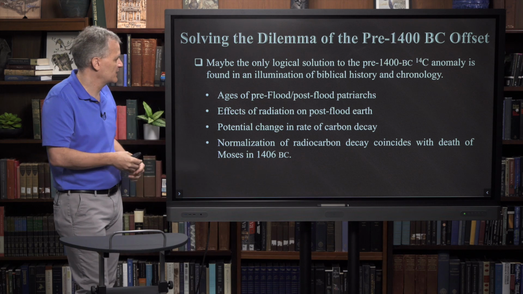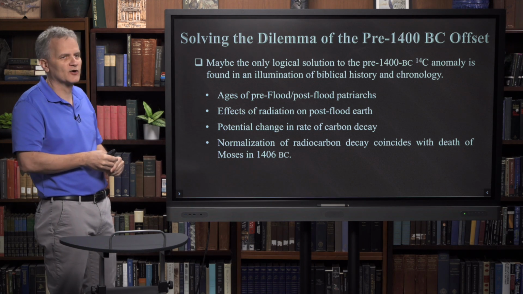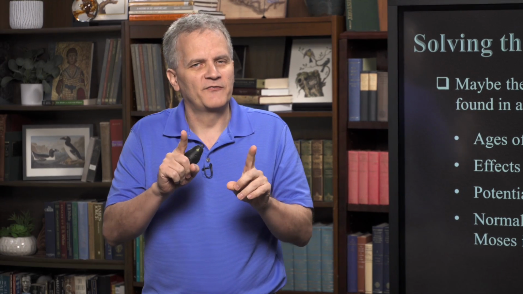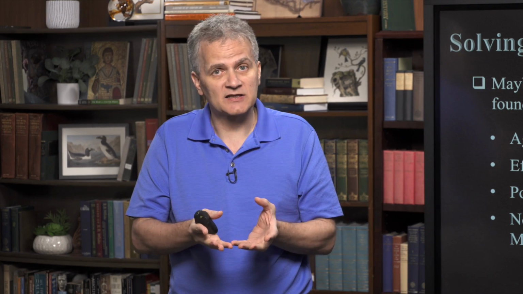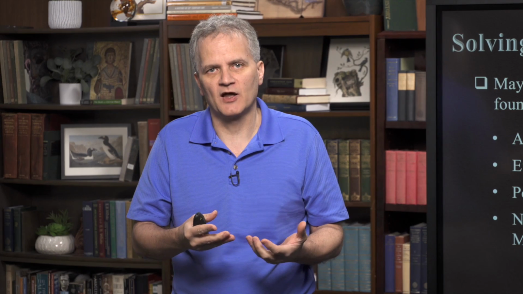Then there's the effects of radiation on a post-flood Earth. So the fact that the Earth has experienced this global flood, it shows signs in the text that things became different after the flood. For example, all of a sudden there is the institution of the concept of a system of seasons, where a year is divided now into 4 seasons, where it's a coldest season, it's a cool season that warms, and then there's a hot season, and then there's a season that's warm that turns to cool.